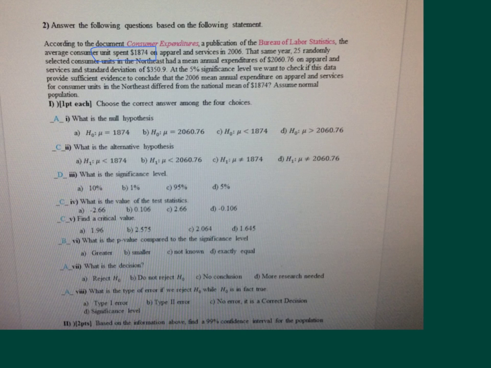So they've got the sample expenditures, and they've given us a value of 2060.76. So the standard deviation that we're given here is 350.9, and the 5% significance level won't come into it when we're looking at the test statistic, okay?